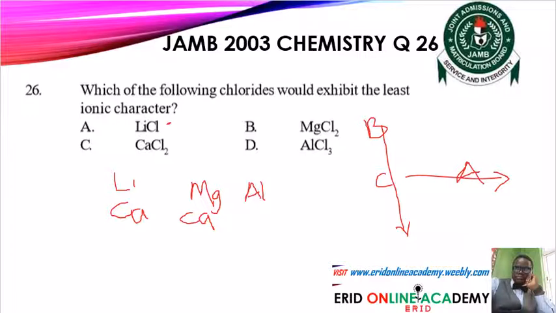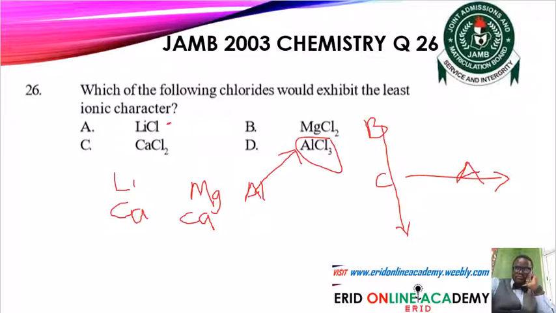So combining everything together, you'll find out that aluminium is more to the left than every other element here in the periodic table. So aluminium combining with chlorine to form aluminium chloride will form a compound of lesser ionic character. In essence, the strength of the metal determines the ionic character of the compound that results when the metal reacts with a non-metal.